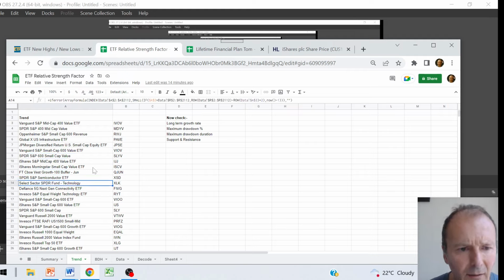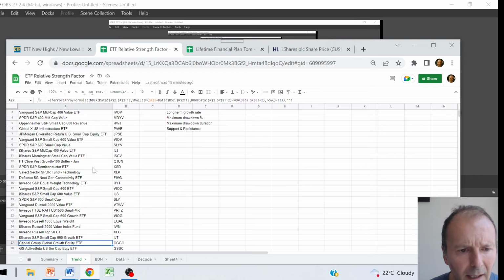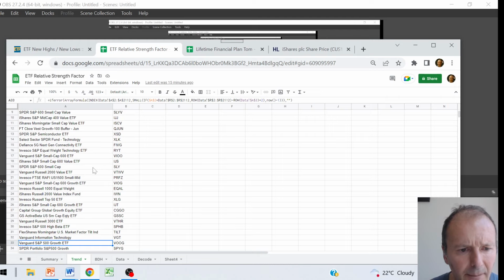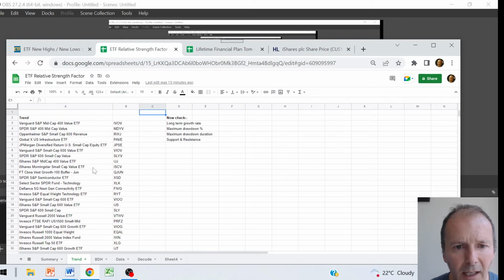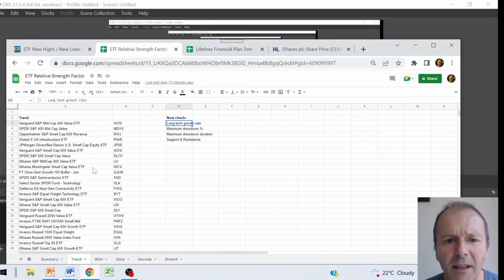I'm seeing technology here, there's some growth as well, so I can just look at it through here, see what's going on, and then all I can do is look at the long-term growth rate of such an ETF, the maximum drawdown, the duration of that drawdown, so that's kind of volatility and sort of like the risk that I might be taking with this fund, and then I can look at things like support and resistance.